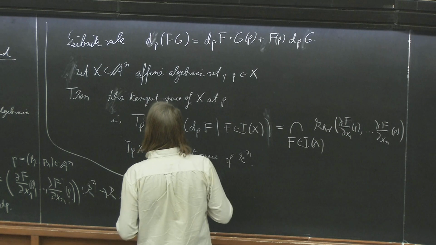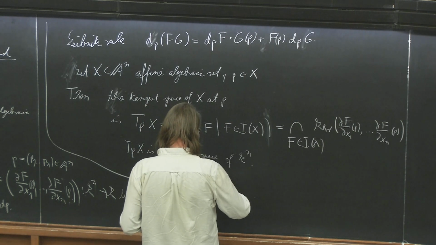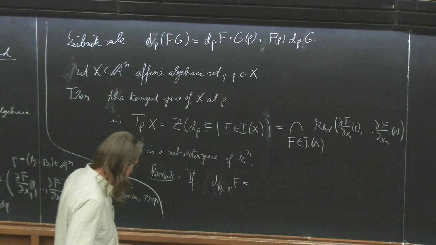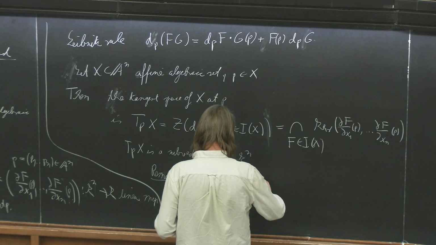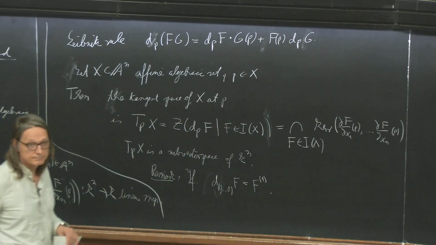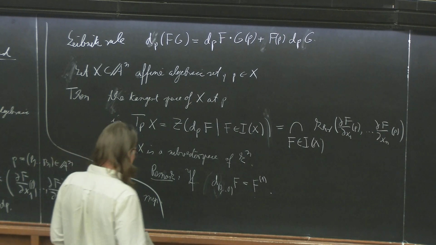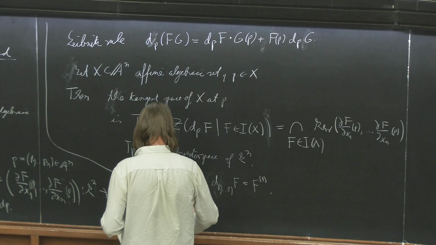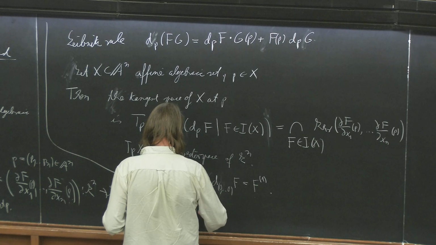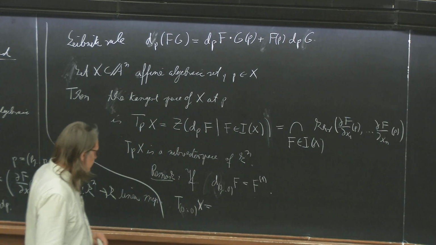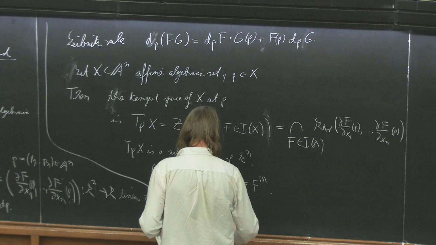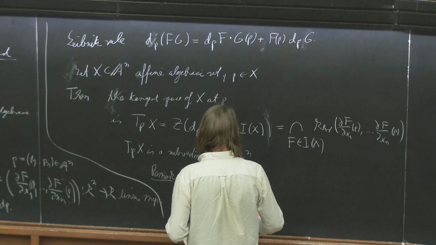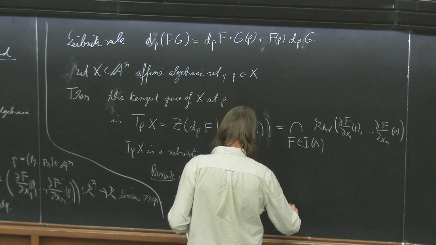So at the origin in A^n, the point 0, 0, 0, the differential of F is the same as the part of degree 1 of F. Therefore, in this case, T_0 of X, if 0 is a point in X, is just the zero set of the homogeneous part of degree 1 of F, the intersection of the zero sets for all generators.